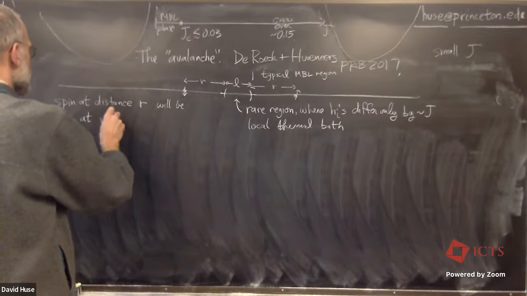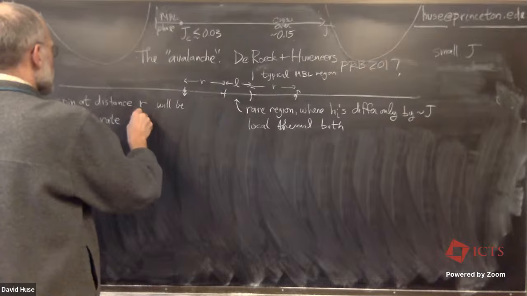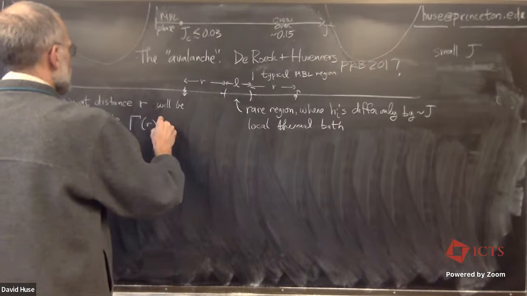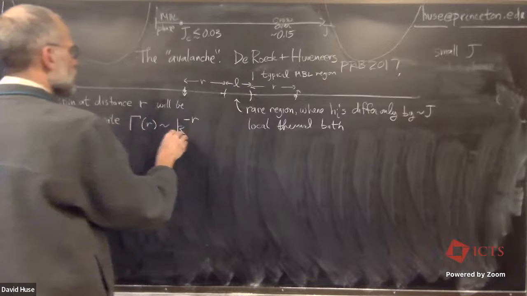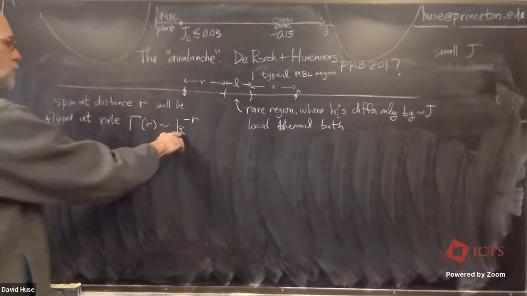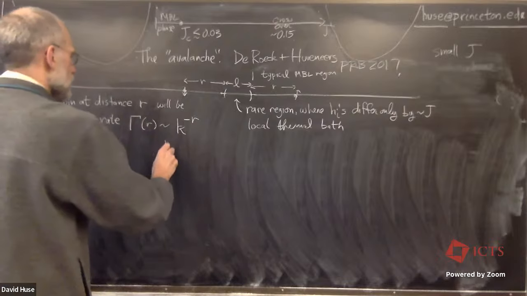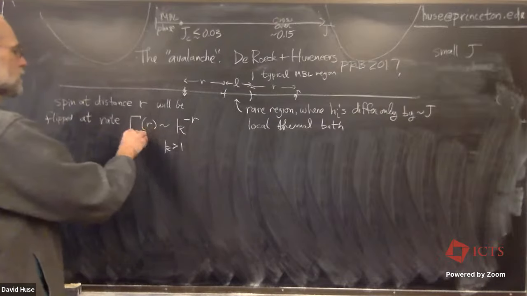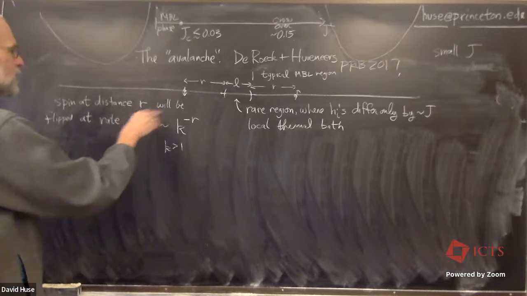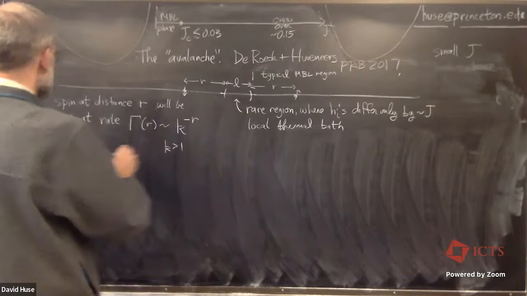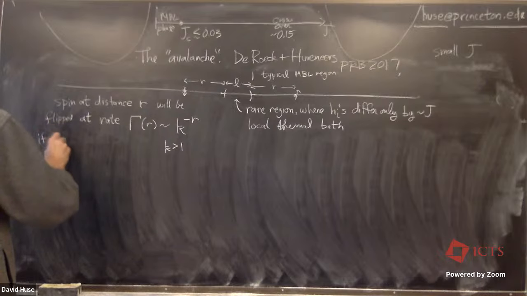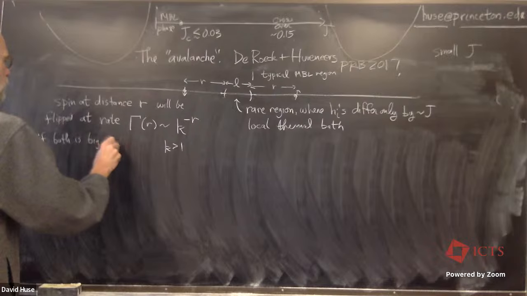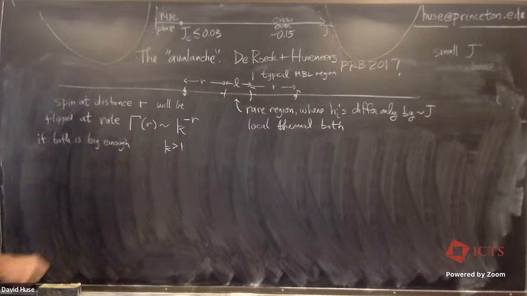So at a rate gamma of r going as, and I like to write the exponential this way, there's a factor a which is bigger than 1. This is the relaxation rate of this spin, so it will be flipped at this rate if the bath is big enough, so that the avalanche doesn't stop.